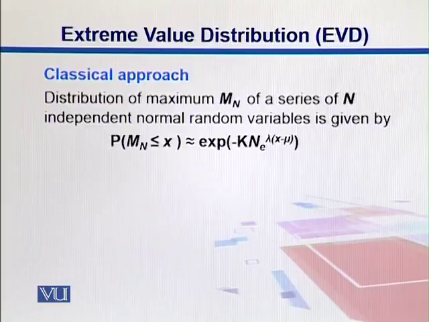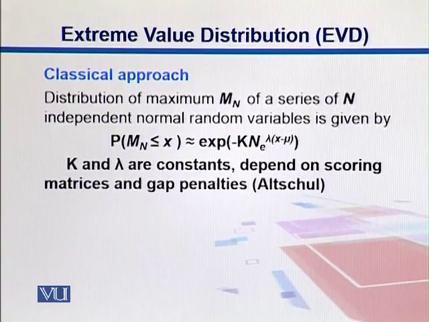The probability of getting a maximum score less than, say, a threshold x is given by an equation in the literature: exp(-K n e^(-lambda(x - mu))), where K and lambda are constants that depend on scoring matrices and gap penalties.